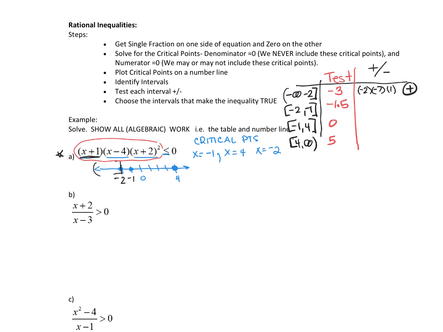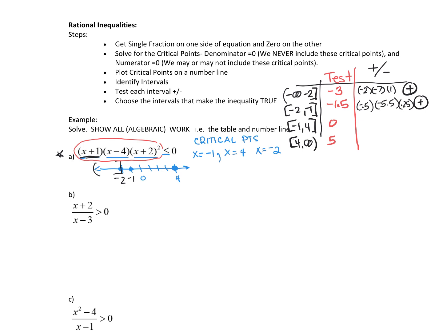For the next one, I'm going to do negative 1.5. So I'm going to get negative 0.5, negative 5.5, and then again 0.5 squared, which is a quarter, so 0.25. Again, the result is positive.